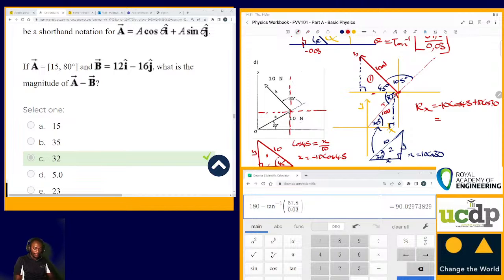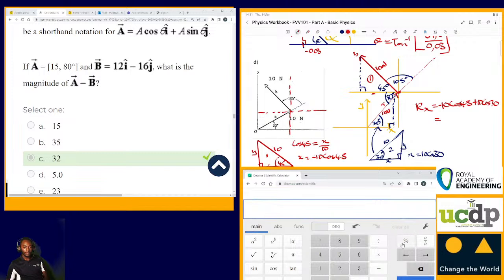If we punch that, this is the same as 10 cos 30 minus 10 cos 45. We get 1.59 newtons, right?